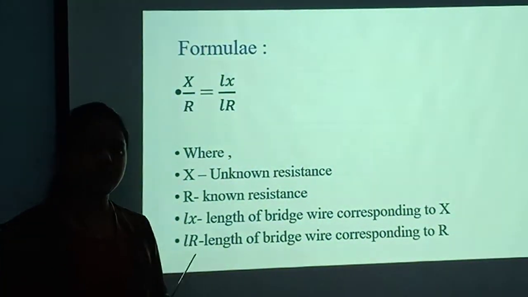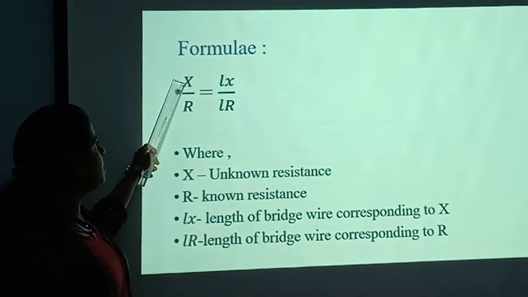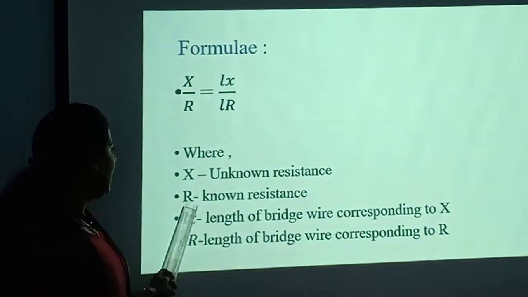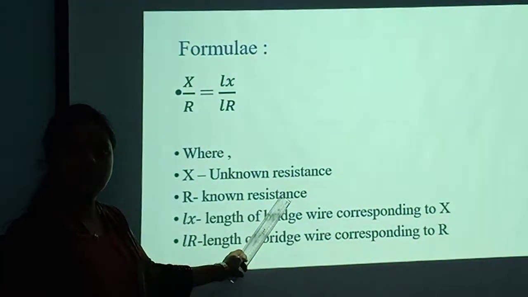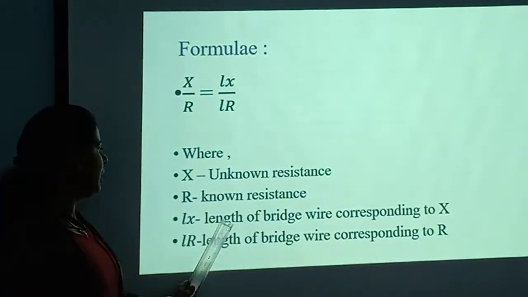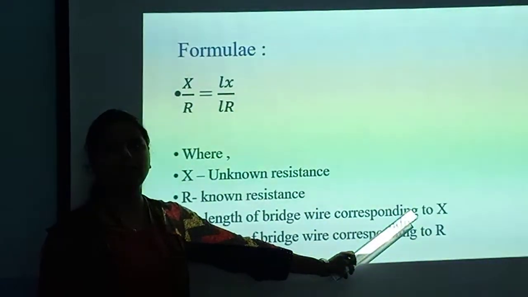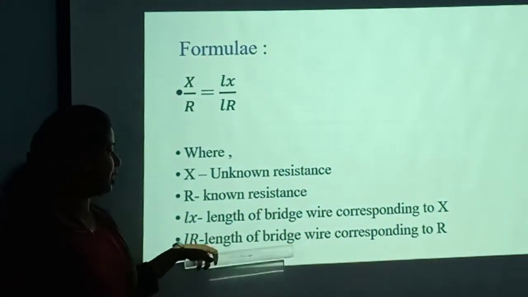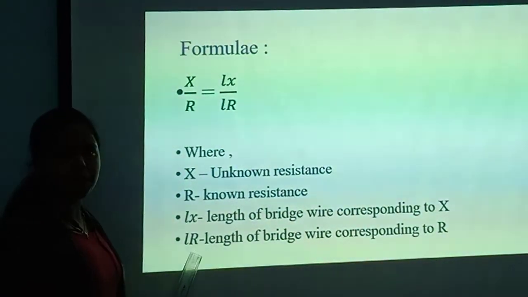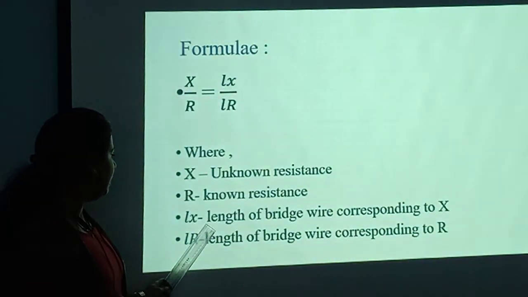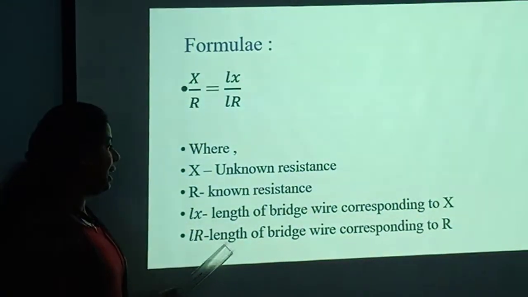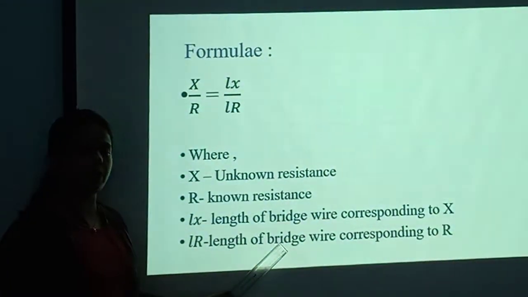For finding the unknown resistance, the unknown resistance will be denoted by X. R means known resistance, whose value will be known to you. Lx is the length of bridge wire corresponding to X. Step by step I will explain what is meant by Lx and Lr. Simply assume that Lx means the balancing length for unknown resistance and Lr means the balancing length for known resistance.